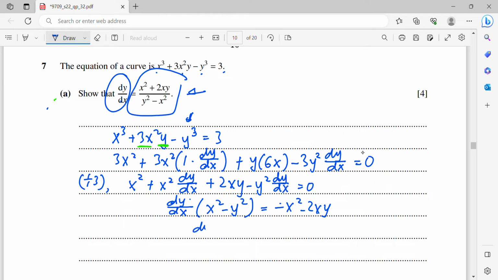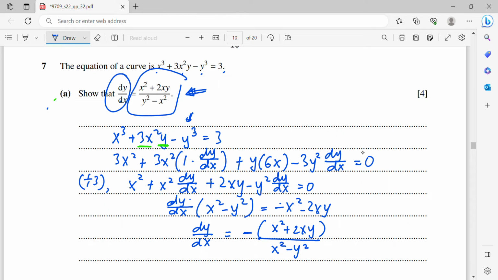So next step is going to be the division. You move the brackets on the left hand side to the right hand side. At the same time, for the right hand side, since you have both minus, I may factorize a minus, then it becomes minus of (x squared plus 2xy) divided by (x squared minus y squared). But when you refer to the given answer, there is no negative for the numerator.